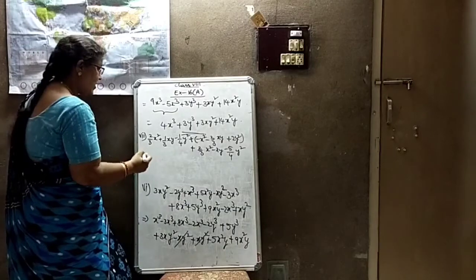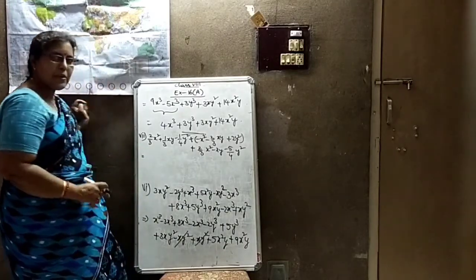Right, children, first x square terms you write. Finished, ma?